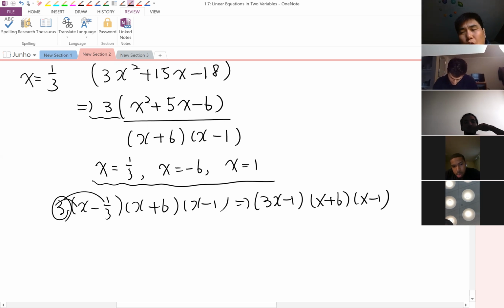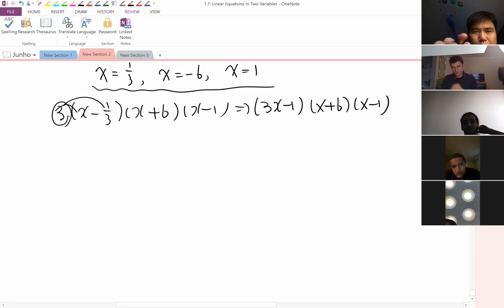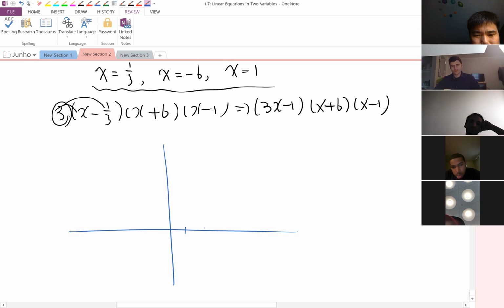Now we want to draw the graph. 1/3 is around here. Negative 6: 1, 2, 3, 4, 5, 6, right here. 1 is right here.